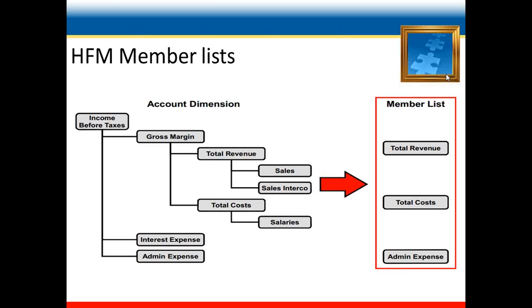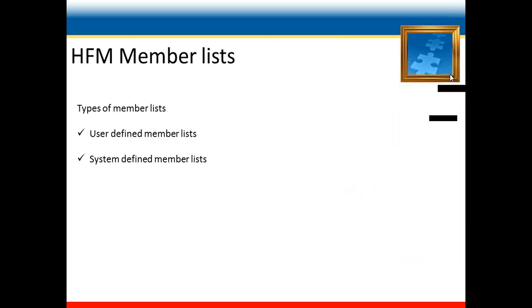Then he can create one member list and add these members to this member list. So it will be easy for him to navigate or to select these members in the data grid or in the data form.